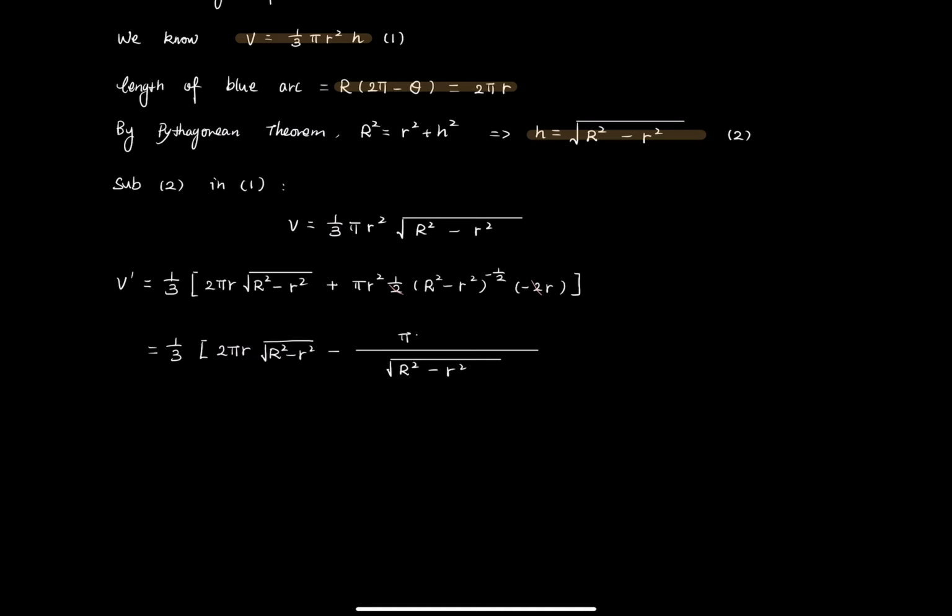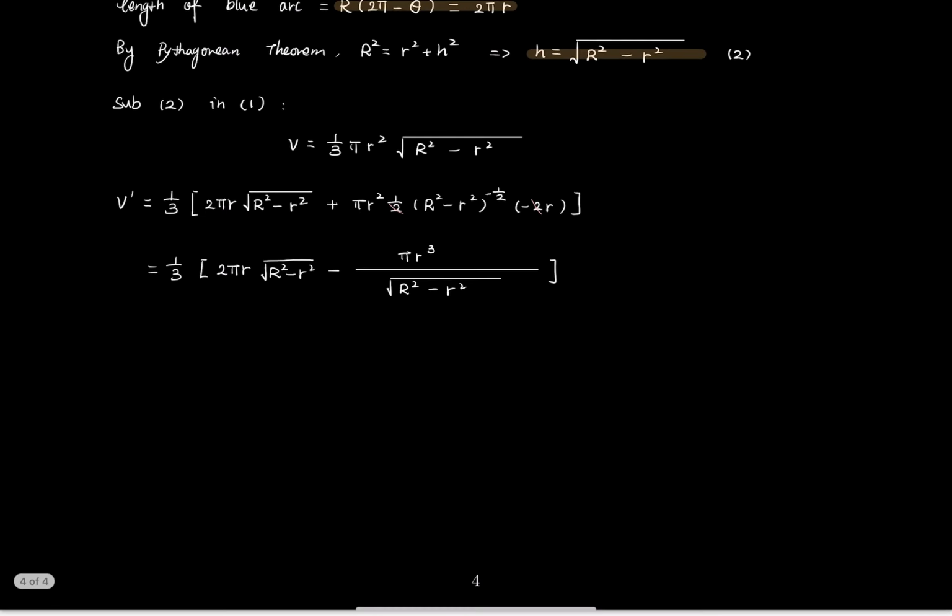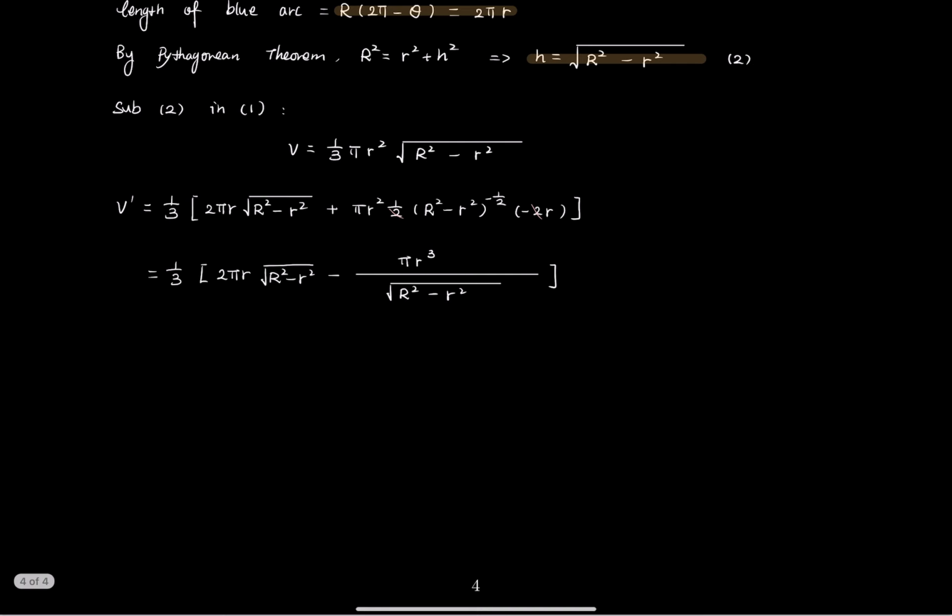Negative pi r cubed. Okay. We want to set this to 0, so now it's not very clear what my r will be if v prime is 0. So I want to combine those two together, write it as one fraction, and maybe put the 3 at the bottom as well.